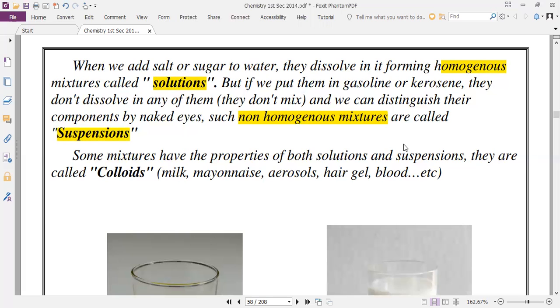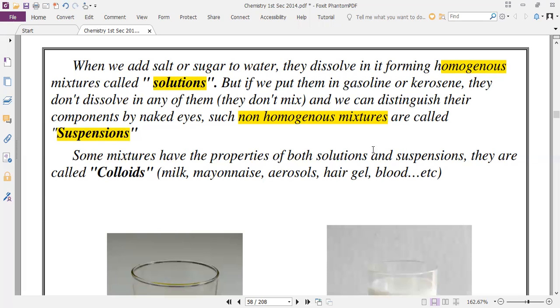No. So try to read this paragraph, please, Mariam. When we add salt or sugar to water, they dissolve in it, forming a homogeneous mixture called solutions. But if we put them in gasoline or kerosene, they don't dissolve in any of them. They don't mix, and we can distinguish their components by naked eye. Such non-homogeneous mixtures are called suspensions.